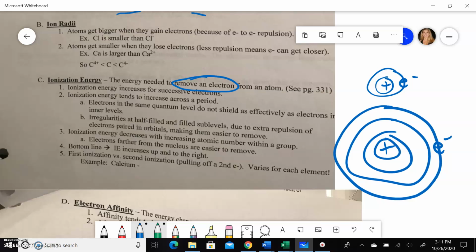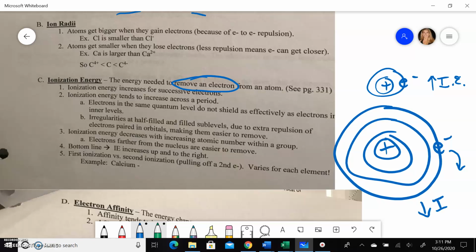So notice that it's pretty far from the nucleus, and there's a whole lot of shielding effect going on, and so this electron is going to come off easier than the top one. And so going back to the definition, it's the energy needed. So basically how much muscle you have to use to pull off the electron. So that first one is going to have a high ionization energy because you have to use a lot of energy to pull it off. Whereas down here, it's going to have a low ionization energy.